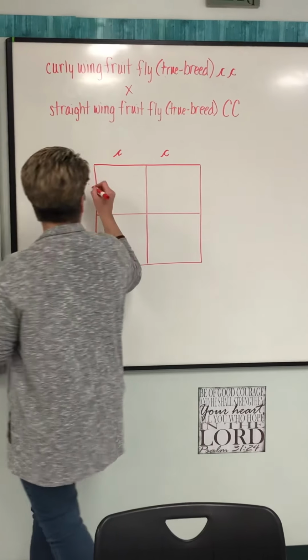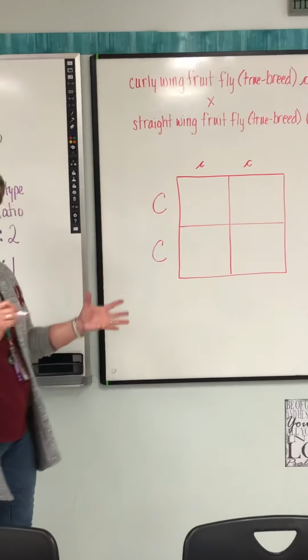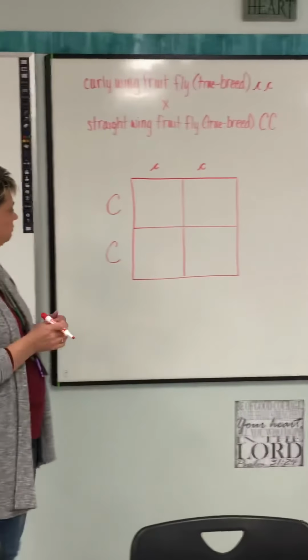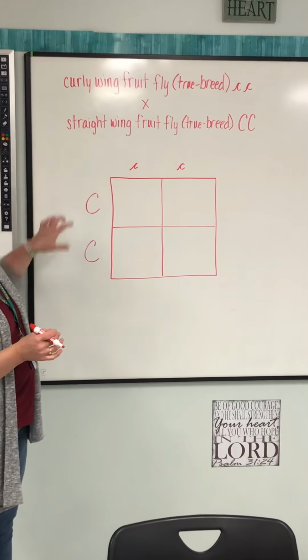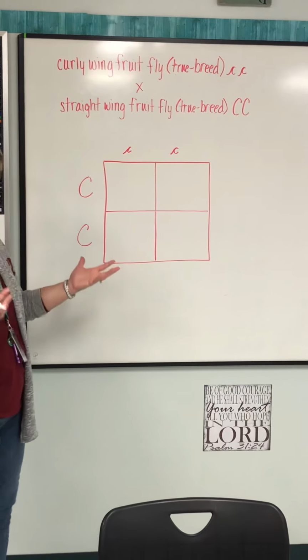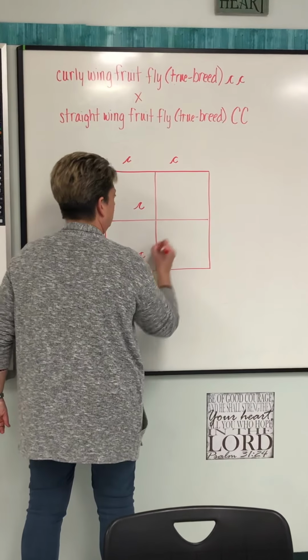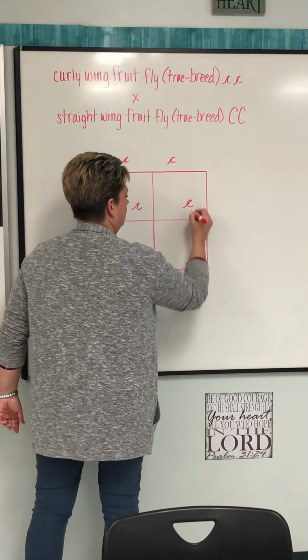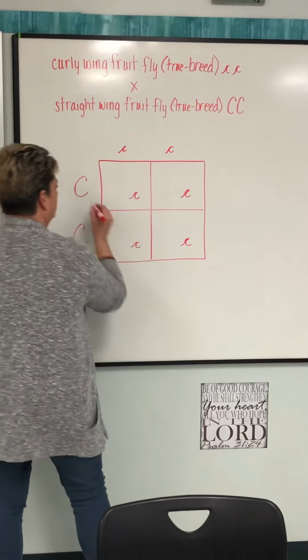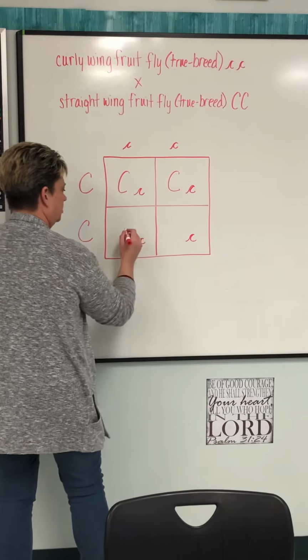I know they look kind of weird, but again, I'm trying to distinguish them to make them look totally different than the capital letter C. And I've got the straight wing genotype on the left-hand side. So now we fill in the box. Straight down with our lowercase c's, straight down with our lowercase c's, across with our capital C, across with our capital C.